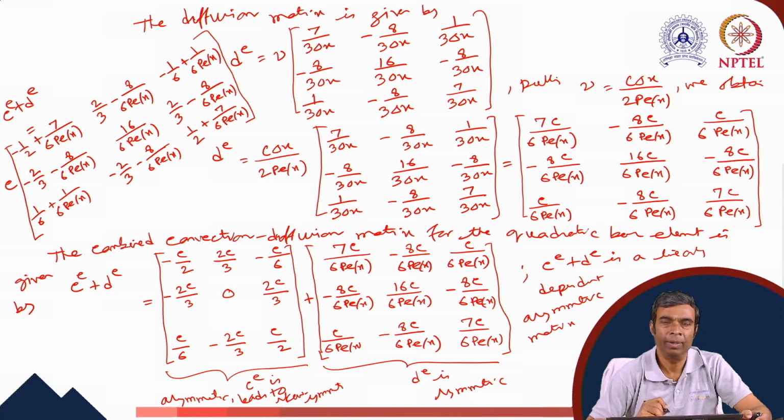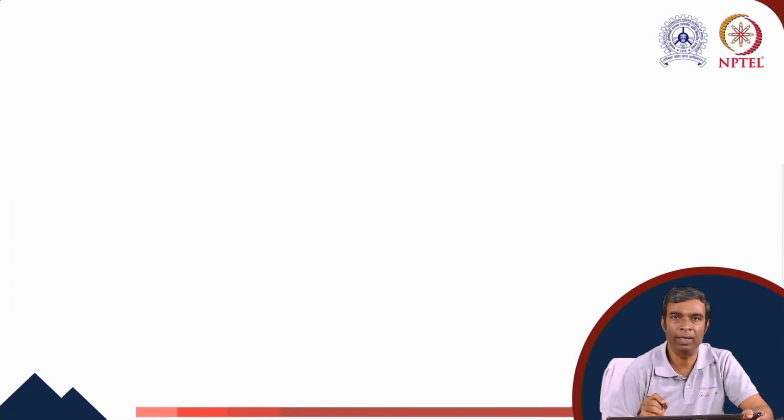We are left with the mass matrix for the convection diffusion problem using the quadratic bar element.